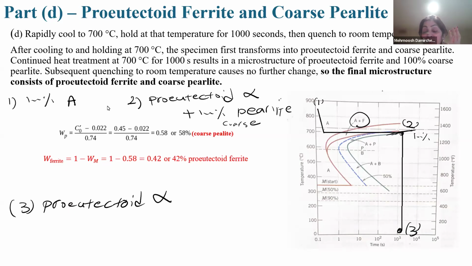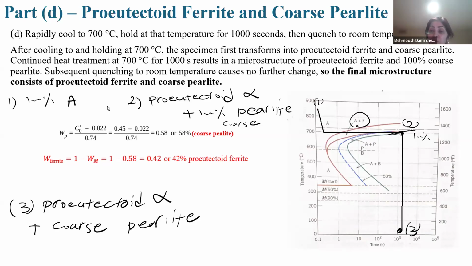We had 100% coarse perlite. Okay, no longer change. Why? Because only austenite changes. Okay, so again here we have proeutectoid ferrite and coarse perlite.